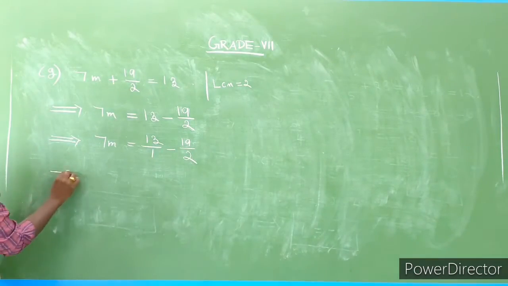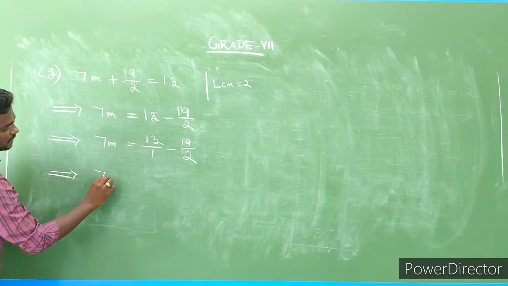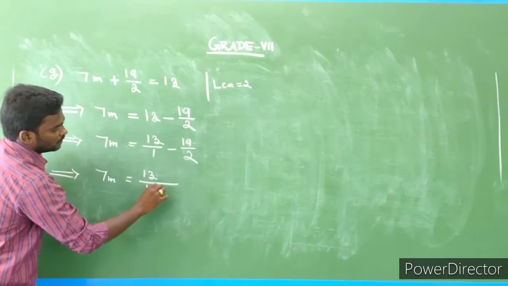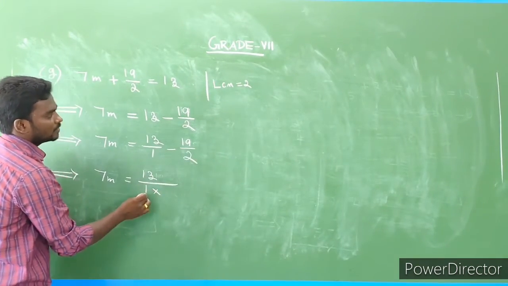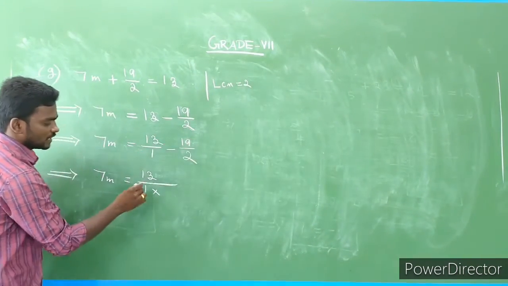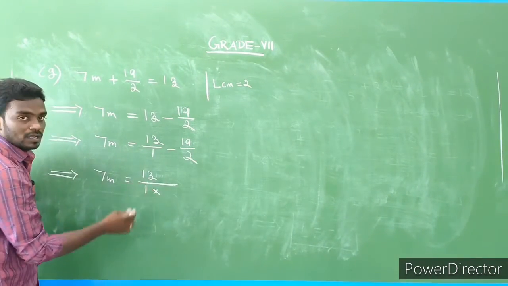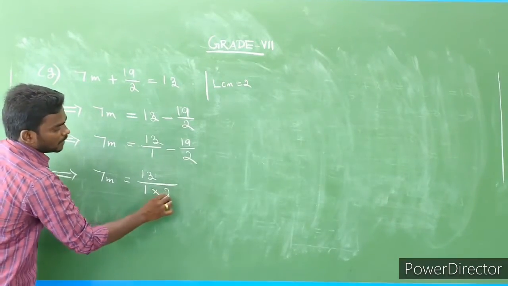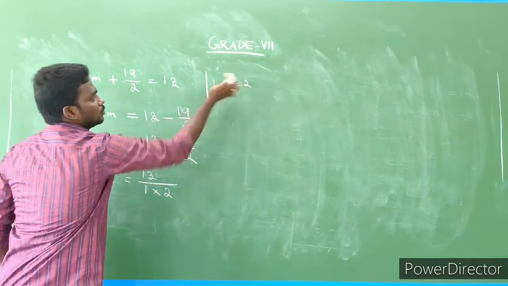Which implies 7m is equal to 13 divided by 1. Which number multiplied by 1 gives the LCM 2? So this number 1 multiplied by 2 gets the value 2.